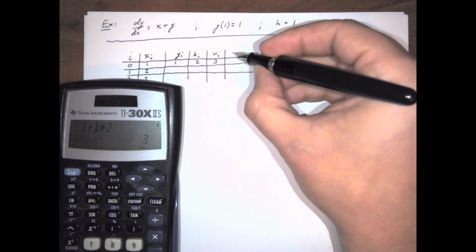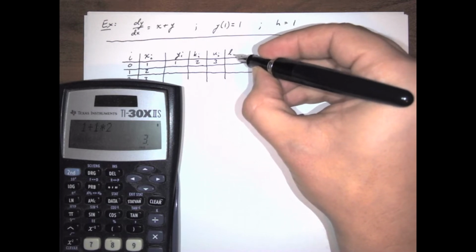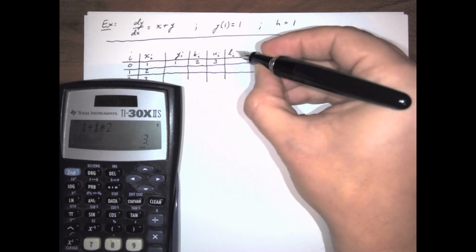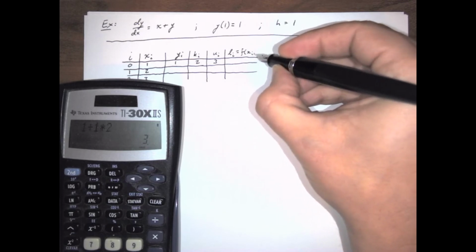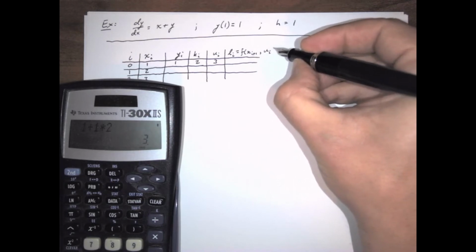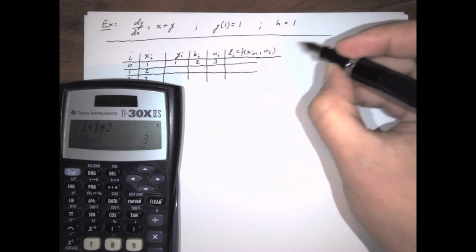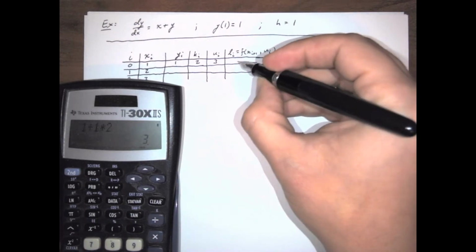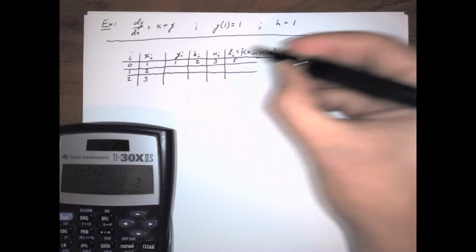All right, and then on the basis of that, we can now find the next estimate of the slope, which, remember, you take the next x value and what was supposed to have been the next y value, and you plug those into the differential equation. Okay, so that's going to be 2 for the next x value plus 3, which is equal to 5.